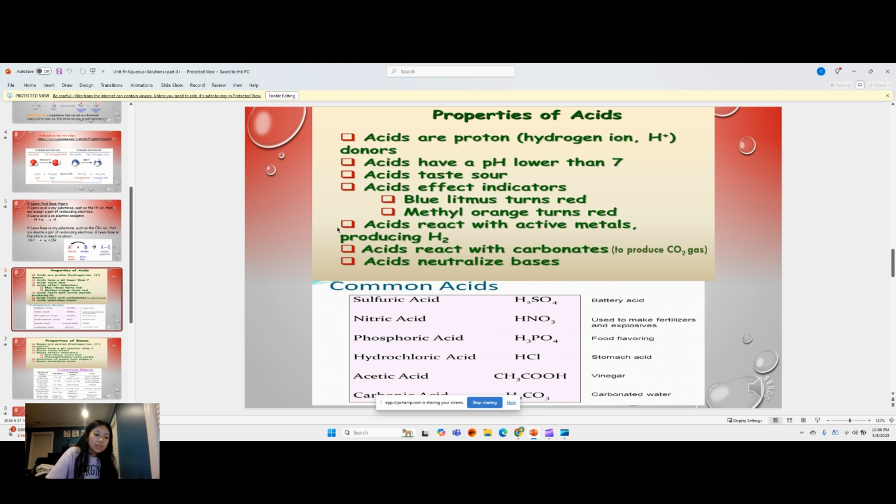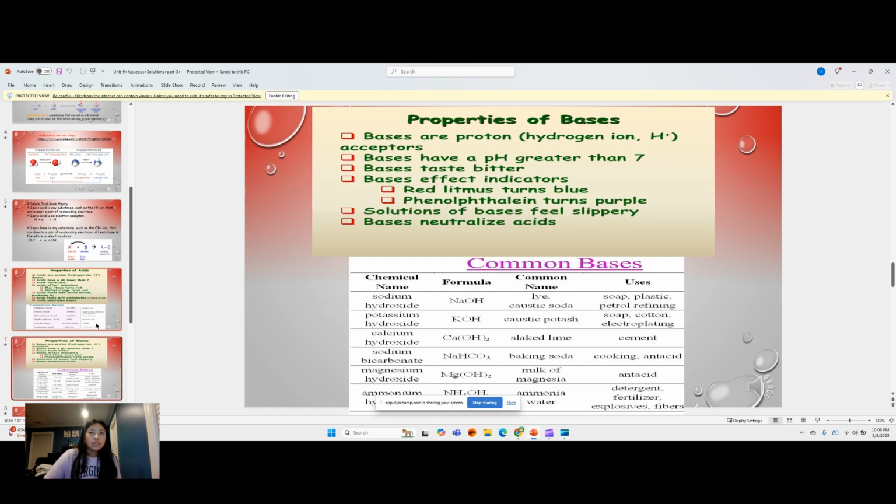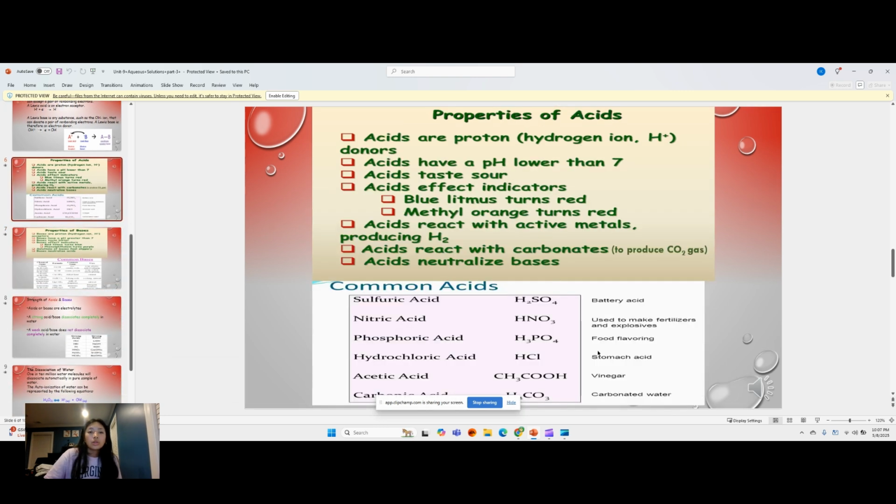So, things to know about acids. Acids are proton donors. They have a pH lower than 7, so anything lower than 7 is acidic. Bases have a pH greater than 7, so anything greater than 7 is basic. Some common acids are sulfuric acid, nitric acid, phosphoric acid, hydrochloric acid, acetic acid, and carbonic acid.